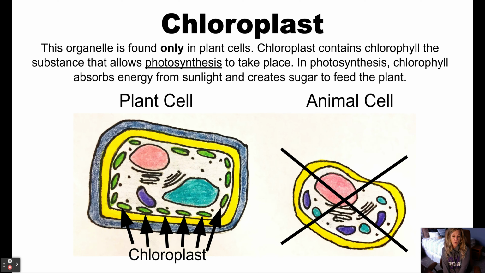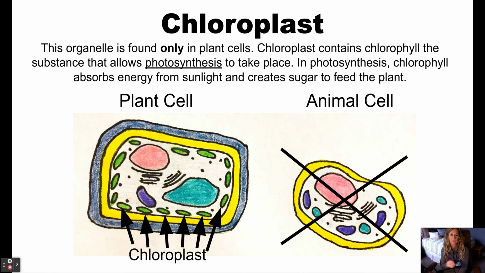Chloroplasts are only in plant cells. A chloroplast contains what's called chlorophyll that allows photosynthesis to take place. As you know, animals do not get their energy through photosynthesis, only plants. So plant cells have a specific bonus feature that is called a chloroplast, and it allows photosynthesis to take place.